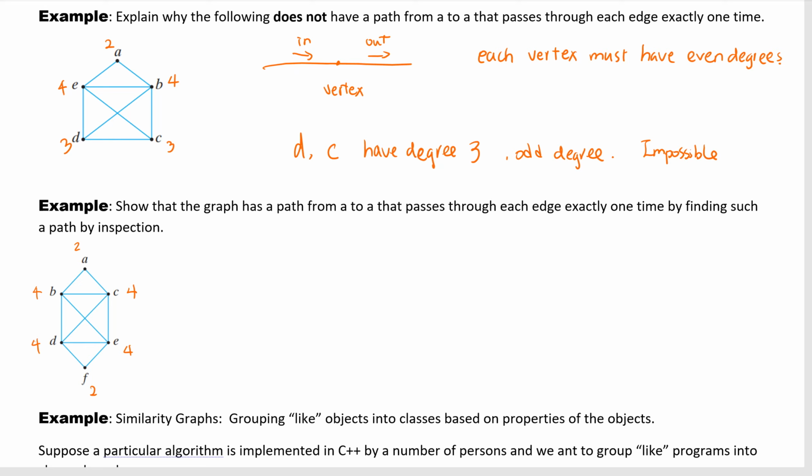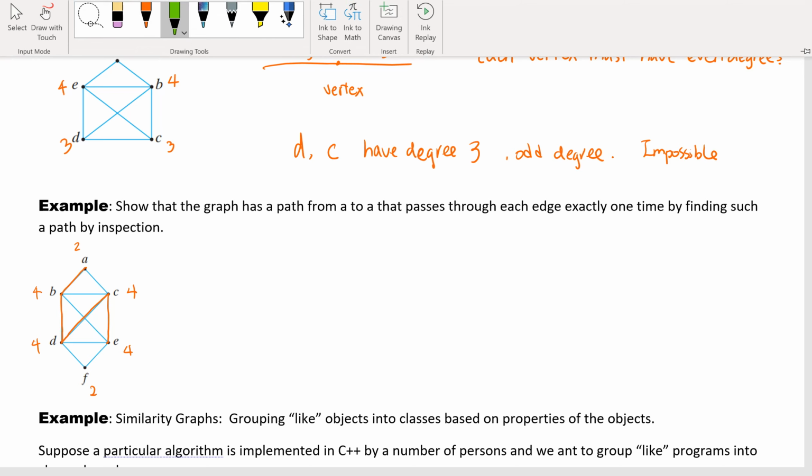So let's try A, B, C, D. This doesn't work because we want to pass through all the edges, right? So let's see. We can do A, B, D, C, E. And then let's use a different color so that when I repeat, you can see the difference.